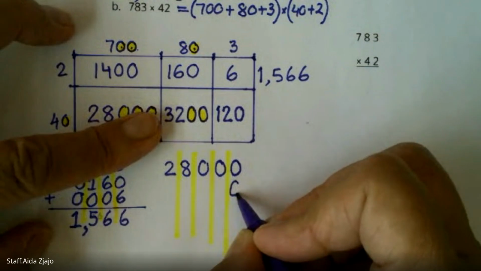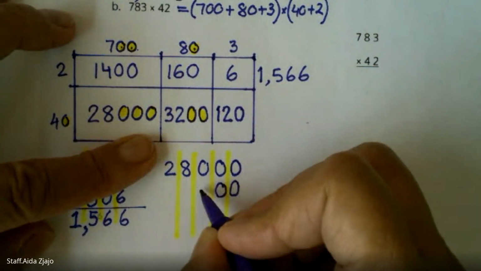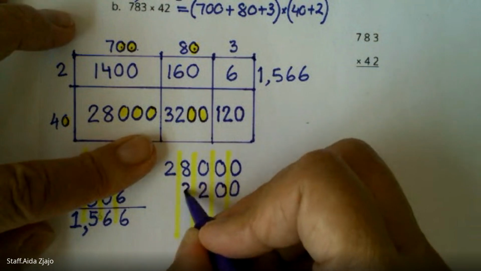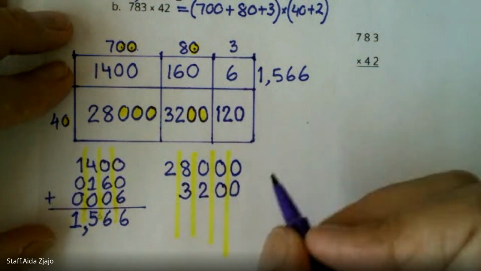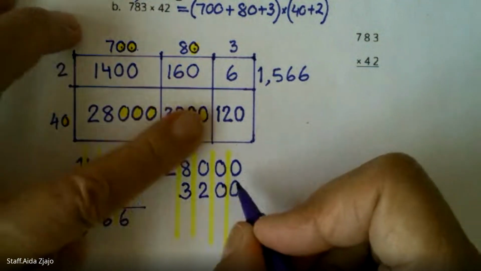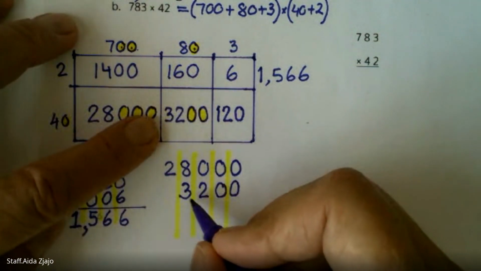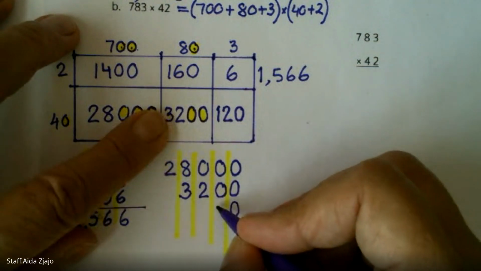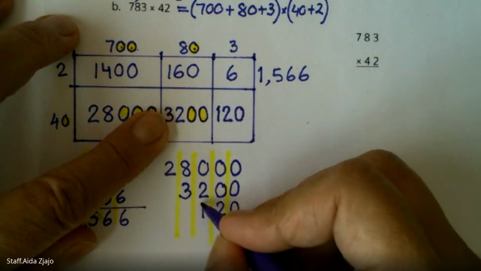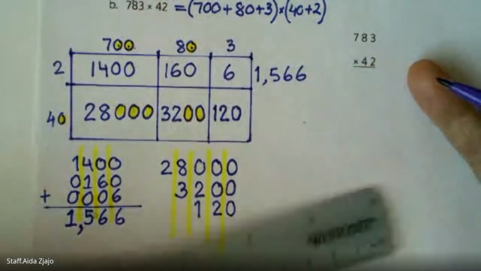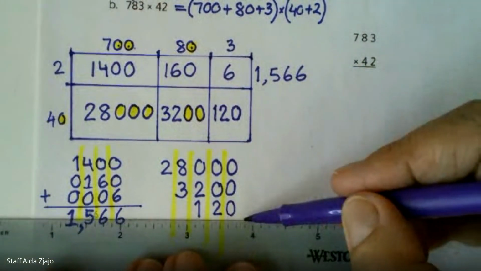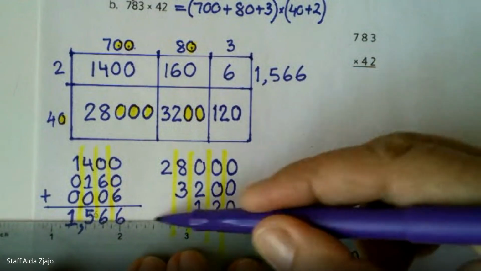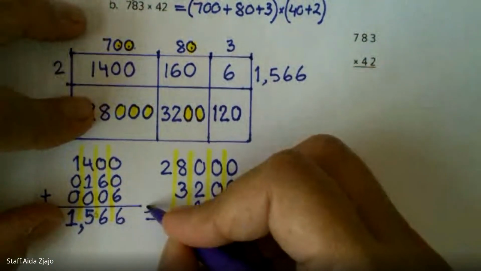So I'm going to do 0, 0, 2, and 3. So you go from the right to the left, ones, tens, hundreds, thousands, 3,200, and then also 0, 2, 1.